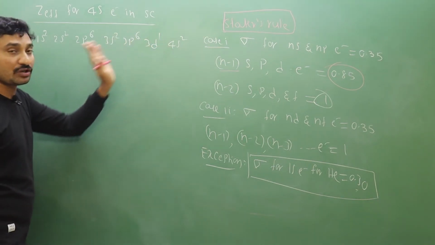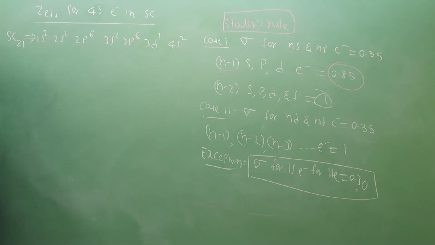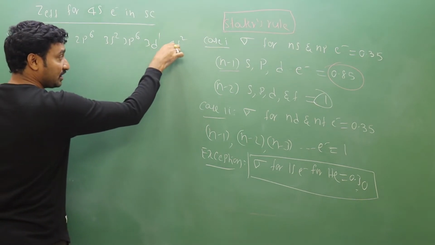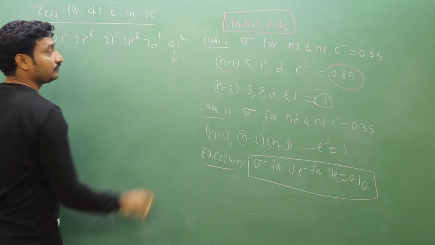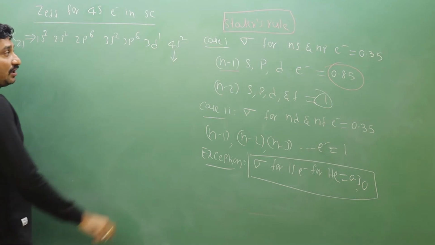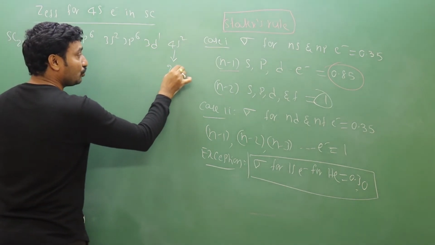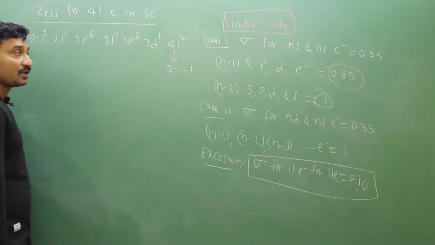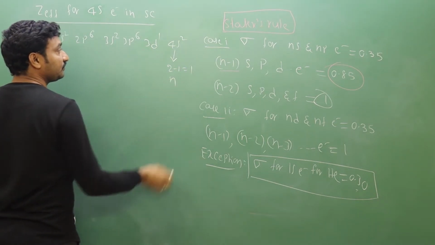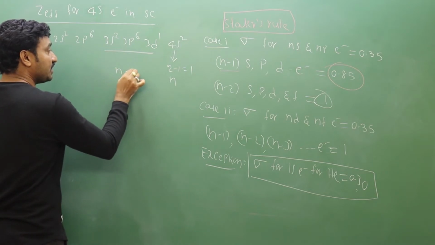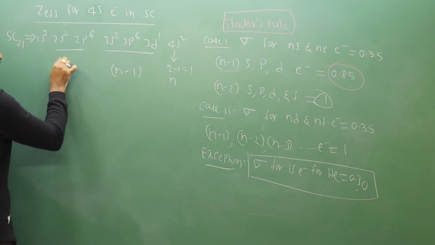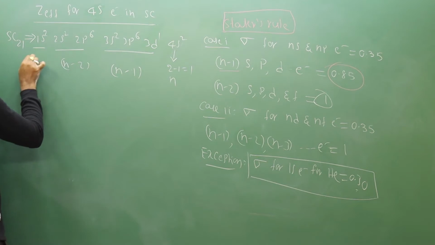And finally this is the outermost shell. Now you are calculating sigma for the 4s electron. You exclude that electron, and one more electron remains, 2 minus 1. This is the nth shell, this is n minus 1, this is n minus 2, and this is n minus 3.